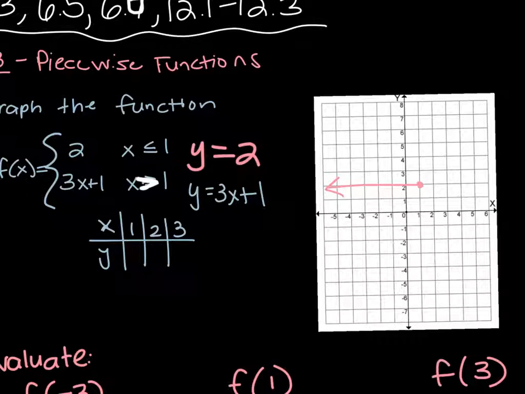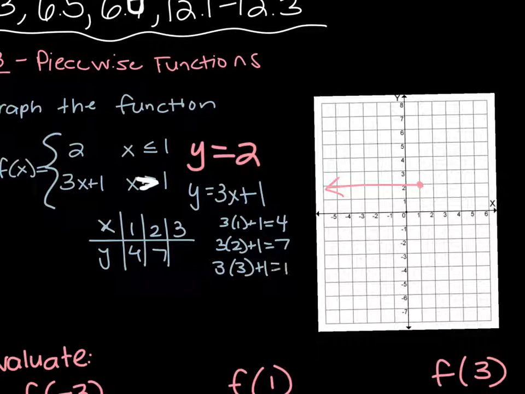Plug them in. 3 times 1 plus 1 would be 4. 3 times 2 plus 1 would be 7. 3 times 3 plus 1 would be 10. And then I can plot those 3 points. So (1, 4) would be an open dot because it can't include it. Then (2, 7), (3, 10). And it's a line, so it's going to keep going in that direction.